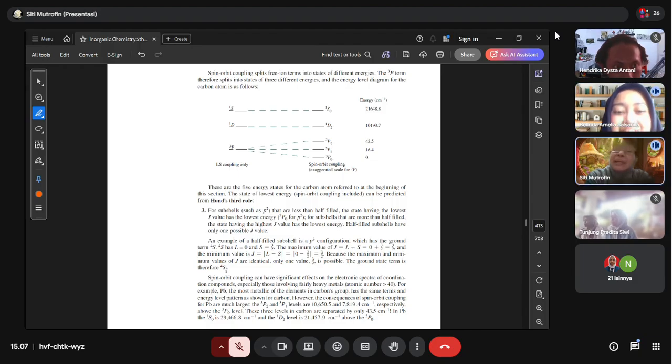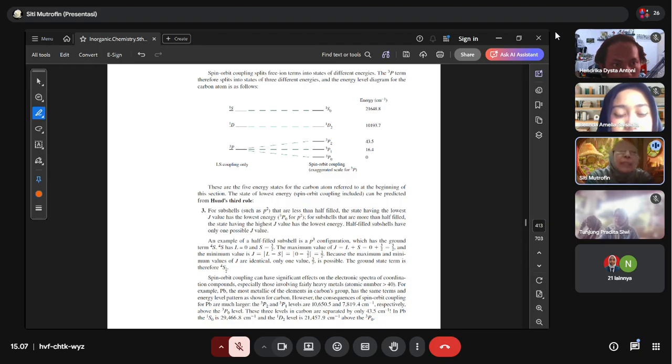Kulit. Okay. Subshell, subkulit. When your teacher in senior high school was talking about the suborbital, they mentioned kulit.